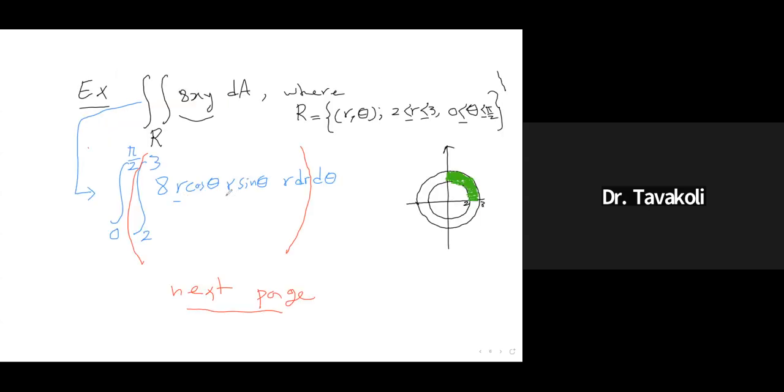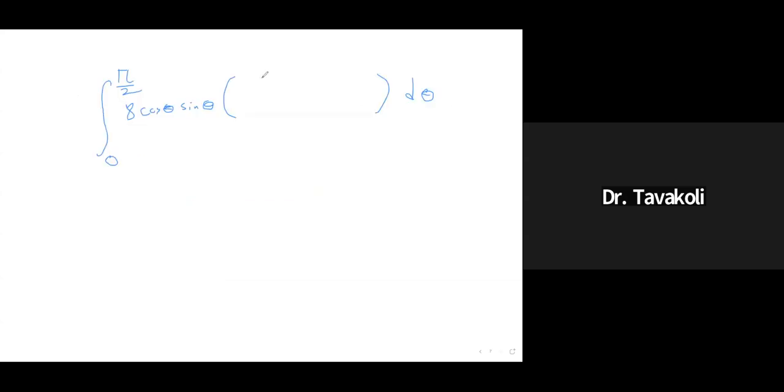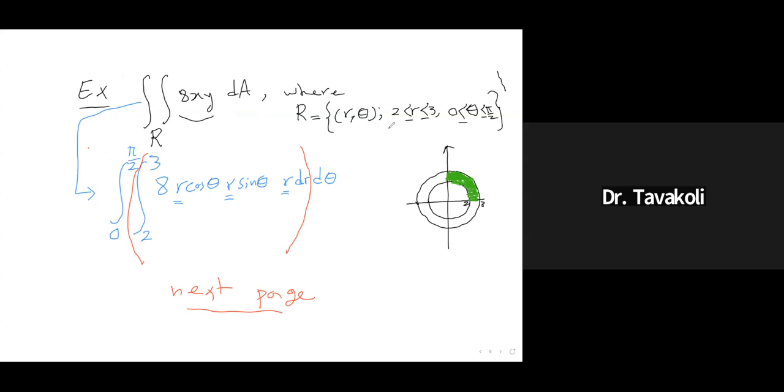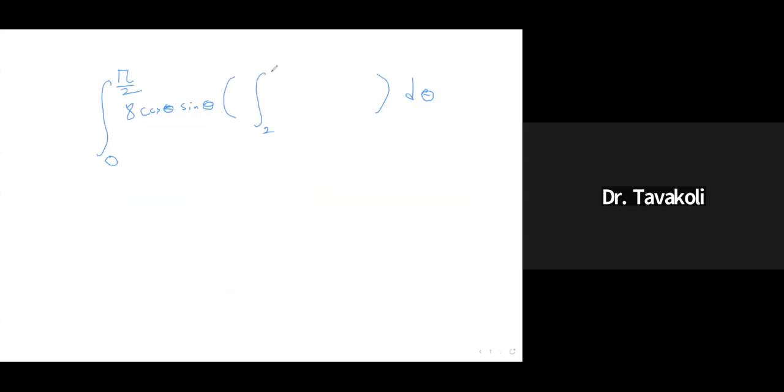R times r times r is going to be r cubed. So it's r cubed dr. The integral from where to where? From 2 to 3. In the region, r runs from 2 to 3.